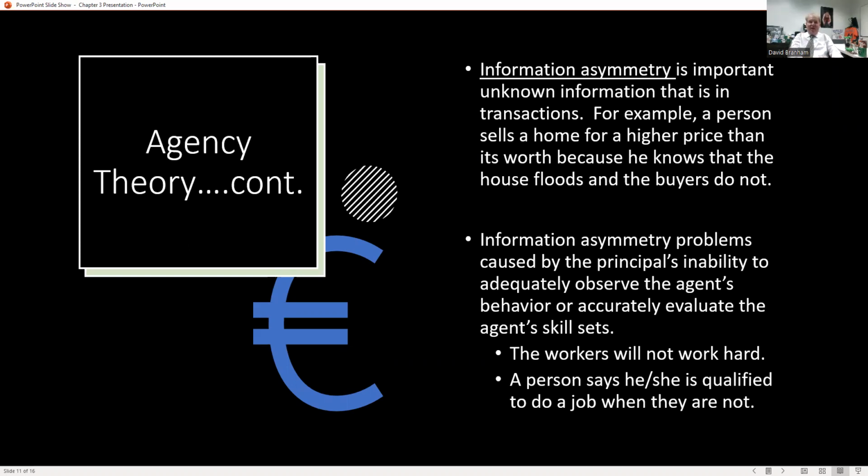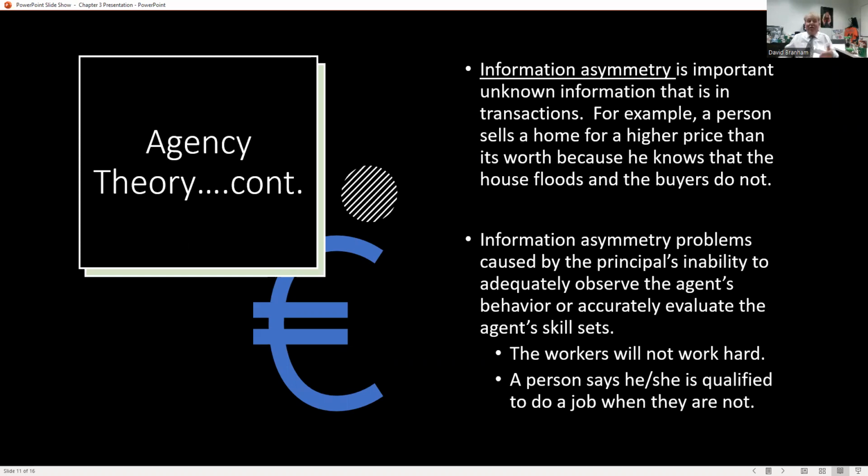For instance, if you're selling your house and your house is flooded before, the value of your house is lower. But if you can hide the fact that it's flooded before, then you could probably get a lot more money for it. But the issue is that's information asymmetry. You should not have that information asymmetry.